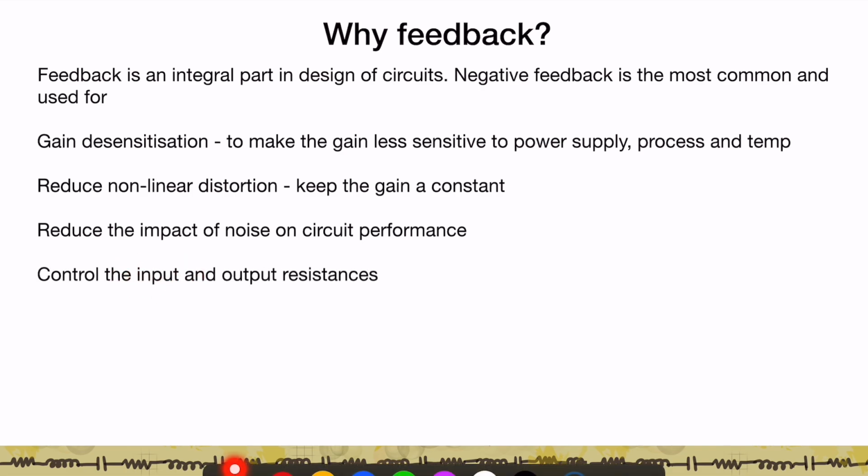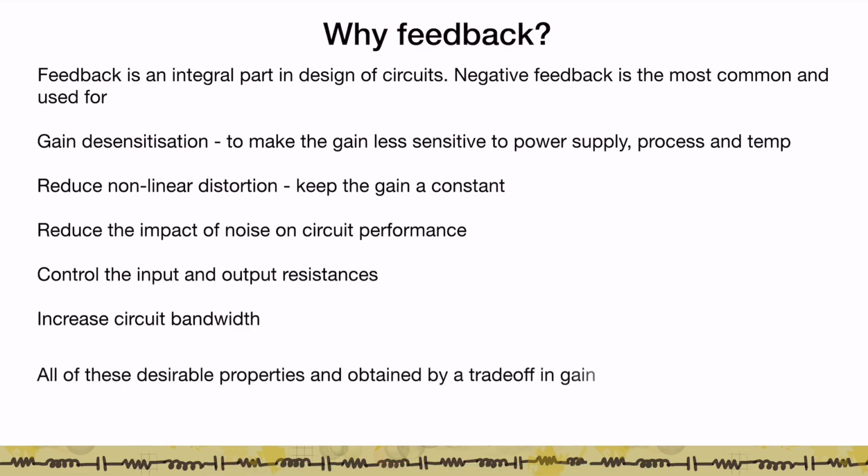A large part of feedback is also used to control the input and output resistances or impedances. We'll look at a few examples of this later on in the course. We also use it to increase the circuit bandwidth. Now, obviously, none of this comes for free. And so what happens typically in feedback is we have a trade-off with, in most cases, the gain.